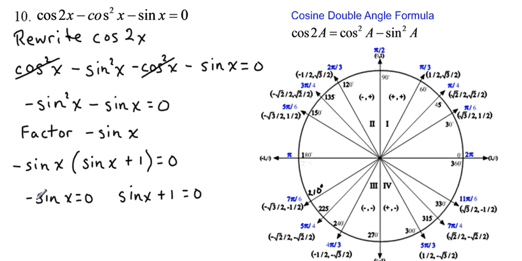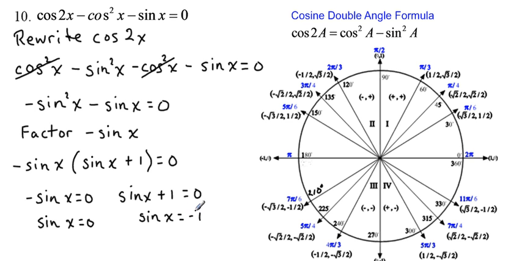Now, this one here says negative sine x equals 0. And since this side is 0, we can simply divide by a negative 1. So this equation becomes sine x equals 0. All right, these two equations are essentially the same. Over here, we have sine x plus 1 equals 0, so we can subtract 1 from both sides, and that will leave us with sine x equals negative 1.